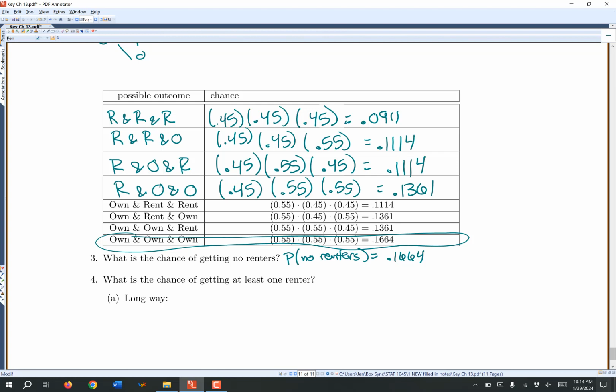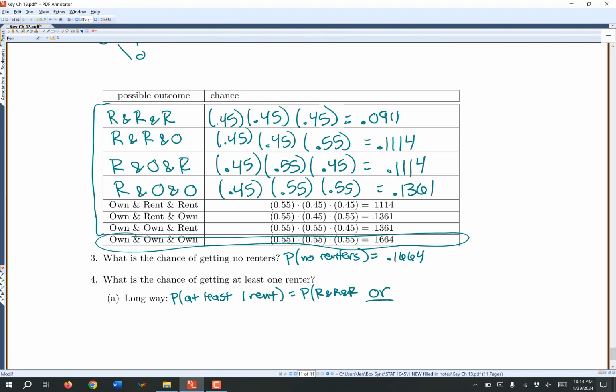So the long way is I would actually have to go through and look at all of these different outcomes. So the probability of at least 1 rent, and I find every outcome up here that has at least 1 rent. So that would be these 7, all have at least 1 renter. So I'd have to say probability of at least 1 rent, and I would have to write out rent and rent and rent.